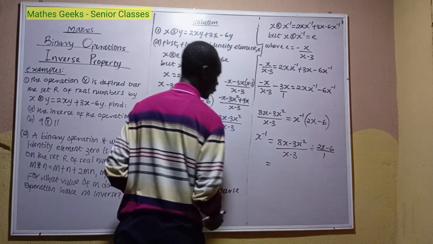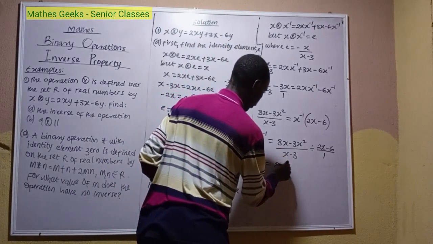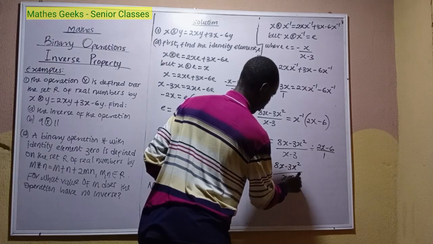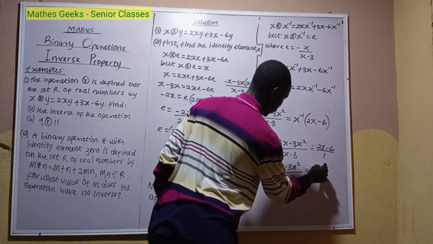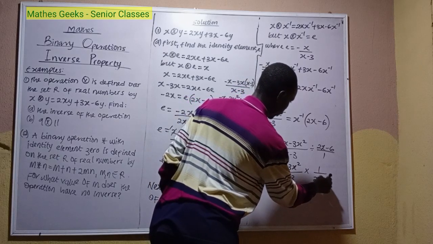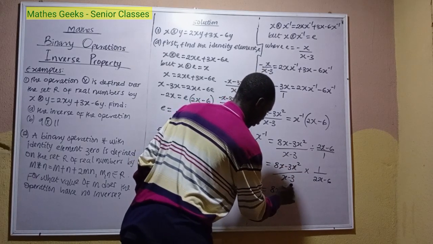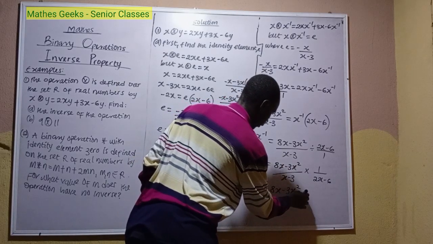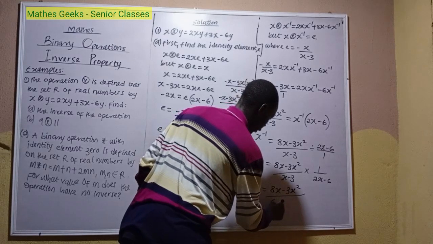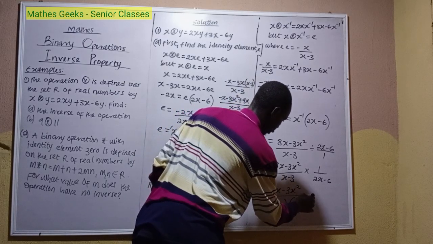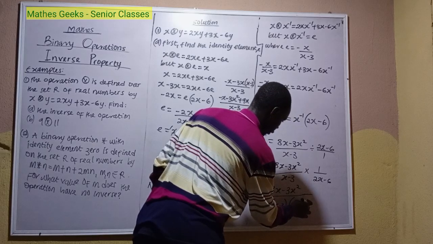So that's equal to 8x minus 3x squared over x minus 3 times 1 over 2x minus 6, which gives us 8x minus 3x squared over x minus 3 and 2x minus 6 as the answer.